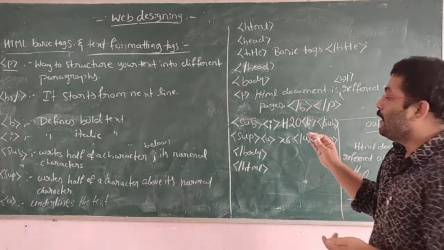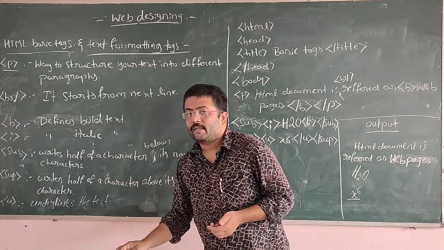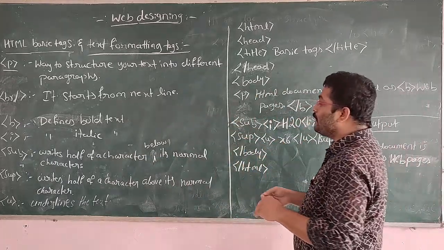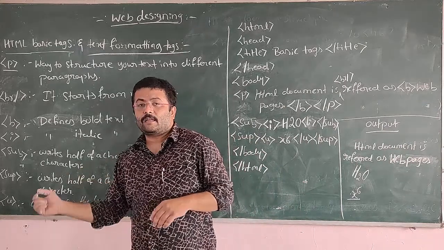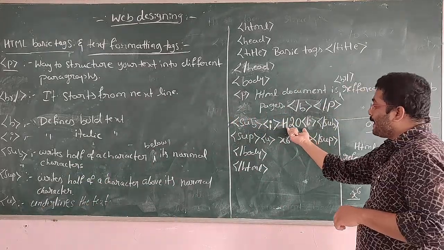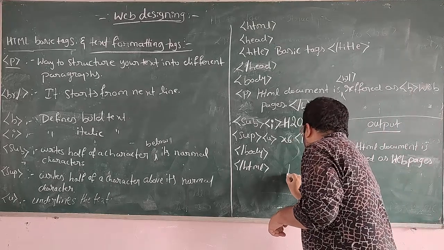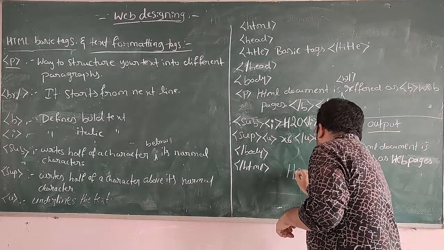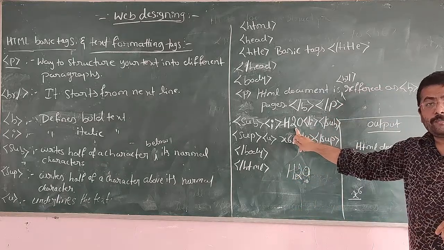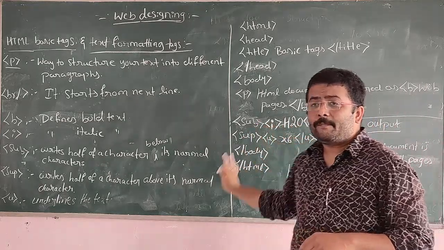So now what does half of a character below the normal character do, it is written below. That is called a subscript character. So for example, I have taken H2O. I have written it normally inside the tags.